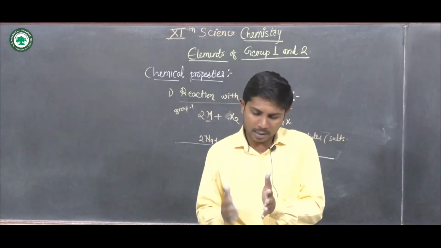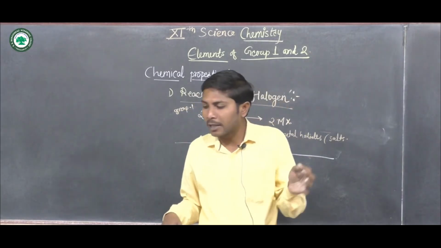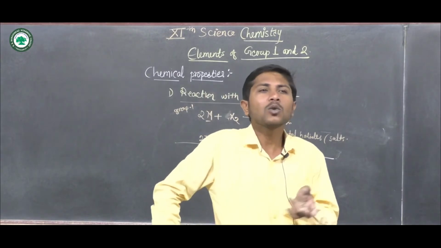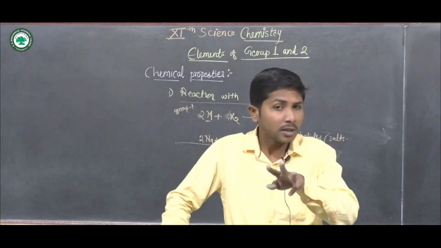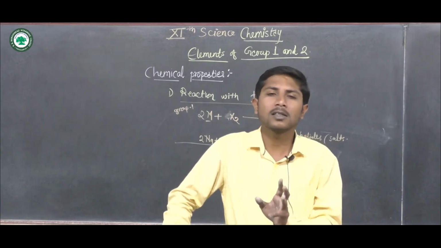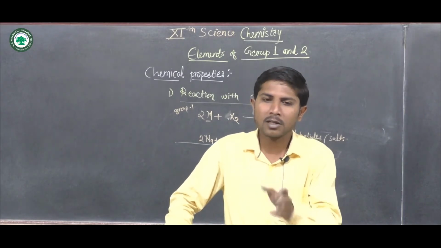But instead, there are a few elements like lithium and magnesium, beryllium and aluminium. They show some similarities in their chemical properties and their physical properties also. What kind of relationship, or diagonal relationship, do they show?